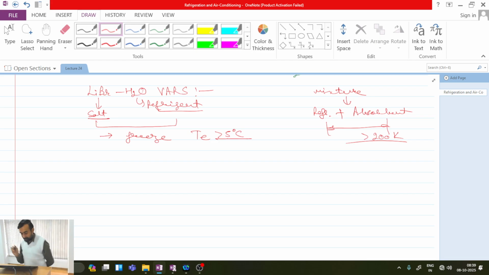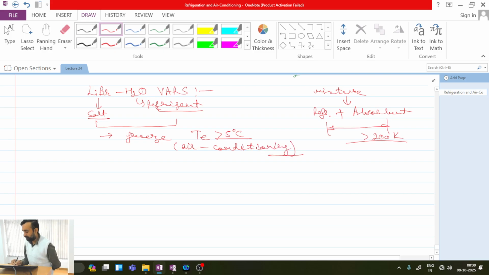This is typically used for air conditioning applications, because in air conditioning we need to maintain human comfort conditions, which is 23 degrees Celsius temperature and 56% relative humidity. 23 is significantly larger than 5 degree, so my evaporator can be maintained for air conditioning above 5 degree. Is this point clear?